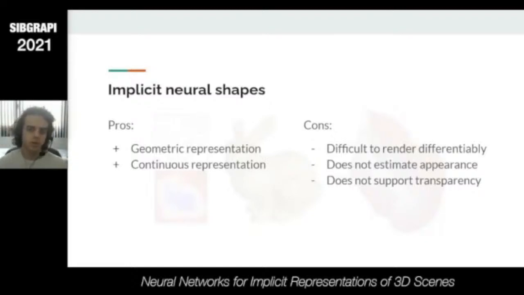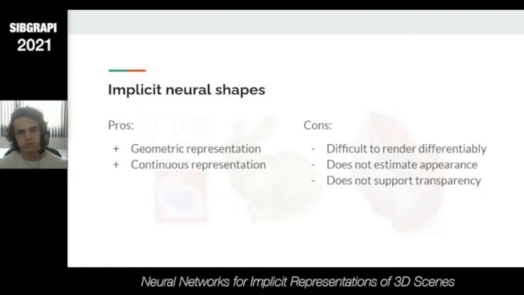Another limitation is that by itself this representation doesn't approximate the appearance of the scene. You only get the geometry of the scene. And if you want to encode something like materials or colors, you have to combine the implicit surface representation with something else.